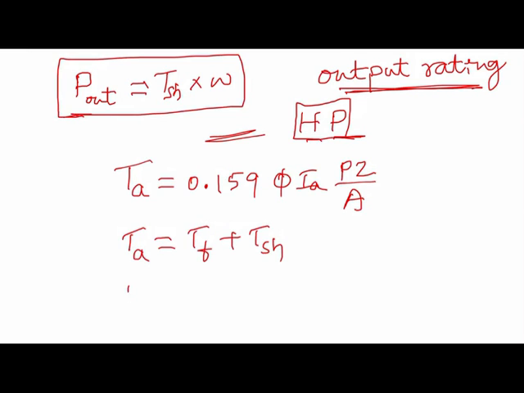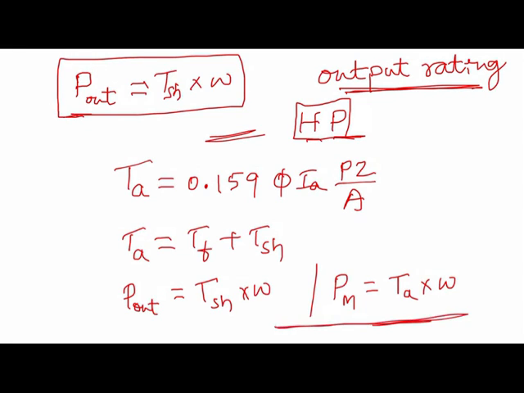Finally, the net power output of the DC motor is equal to TSH into omega, and the mechanical power developed at the armature in terms of torque is TA into omega. These are the important equations we must understand from this torque equation.